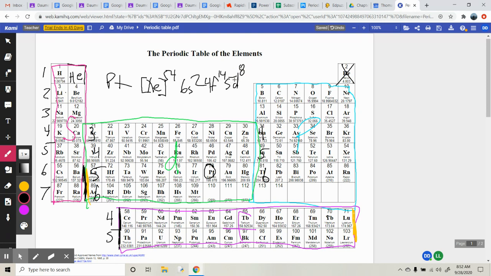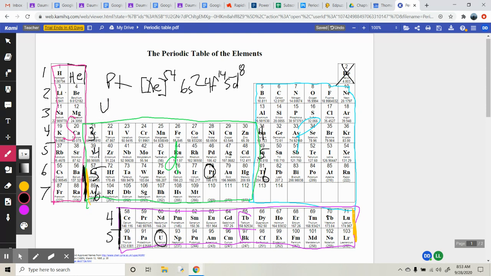The last thing I just want to say is that, say I am going with uranium, remember that these two rows are actually in here. So uranium is actually in this row down here, right? If we plug this guy into this little space right here and kick everything over, uranium would actually be in this bottom row.